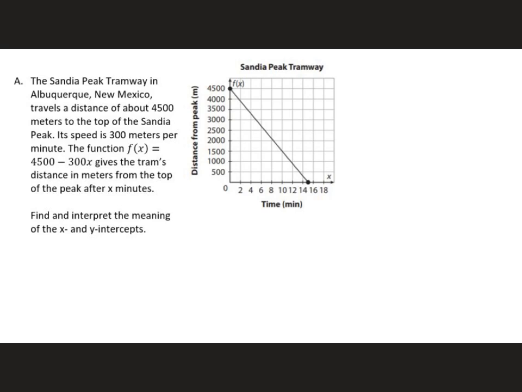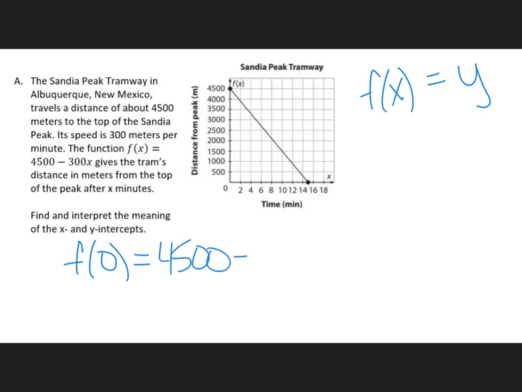Now this doesn't even have a y per se, but remember that f(x) is the output based on x, and so f(x) is another way of showing y. So if we wanted to find the y-intercept, we would replace x with 0, so we would have f(0) = 4,500 - 300 times 0.